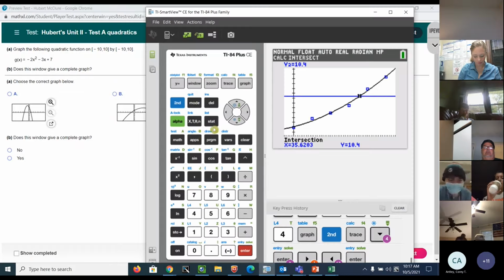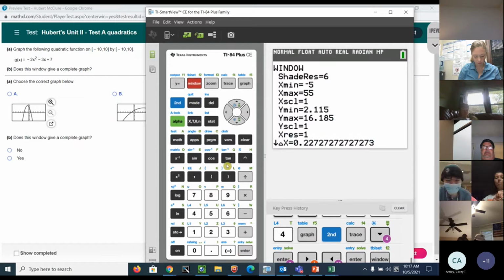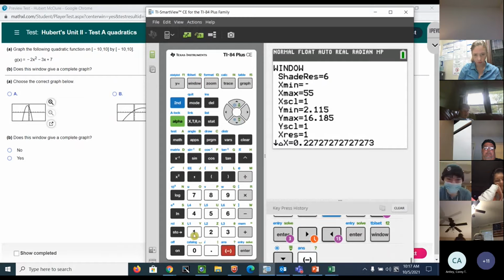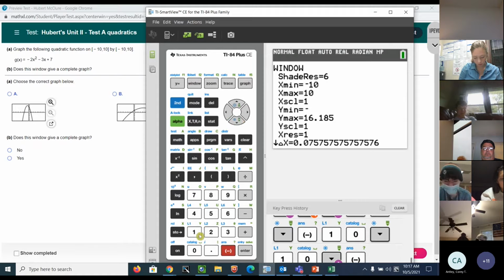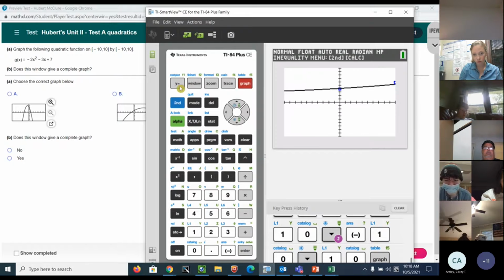So we got the window at -10 to 10, and -10 on the Y, and 10 on the Y max.